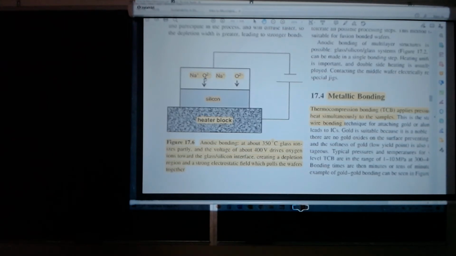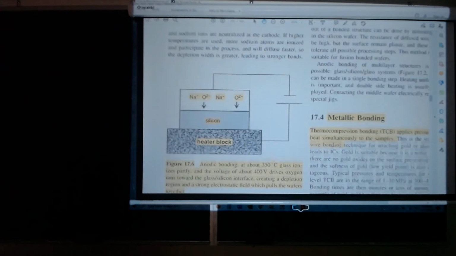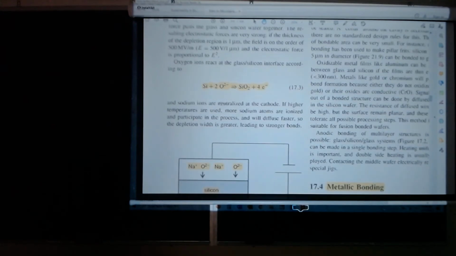All glass has sodium in it, and that acts to ionize the sodium and the oxygen of the silicon dioxide. And so it drives oxygen atoms toward the silicon glass interface here. And then at the silicon glass interface, this reaction occurs. Basically, the silicon reacts with the oxygen to produce SiO2 there.